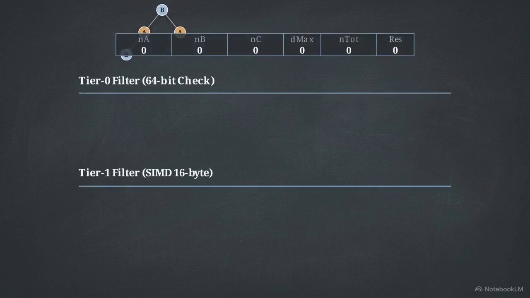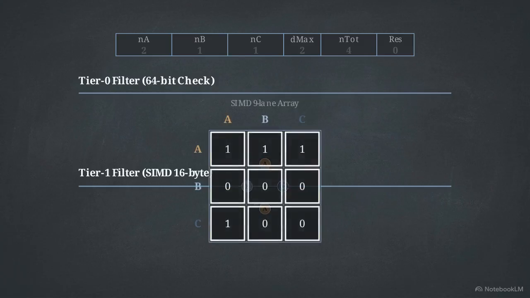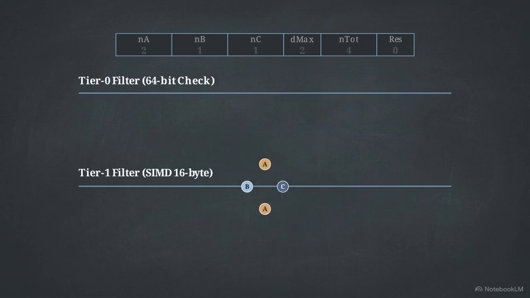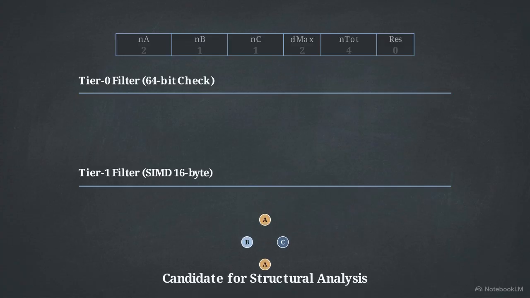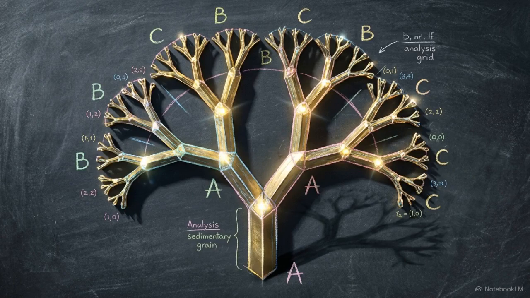An incoming tree hits the Tier 0 filter, executing a 64-bit integer subtraction check. Isolating node counts and maximum depth, it rejects non-dominating trees instantly. Surviving trees hit Tier 1, performing a 16-byte SIMD comparison of ancestor-descendant label pairs. Only the tiny fraction of trees that survive both hardware tiers undergo the expensive structural homeomorphic embedding check.